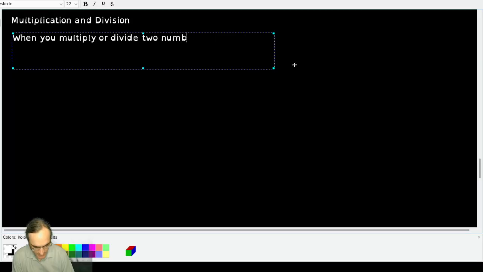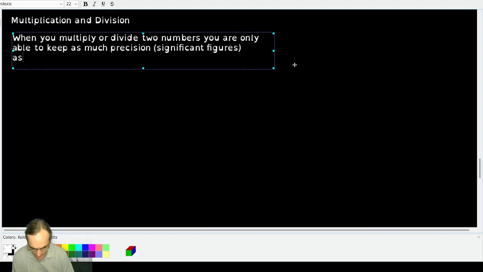When you multiply or divide 2 numbers, you're only able to keep as much precision, in other words, significant figures, as the less precise number, or the one with fewer significant figures.